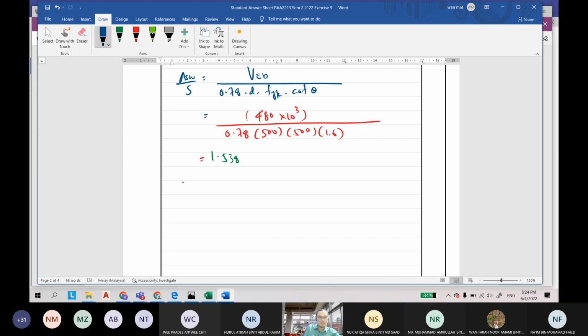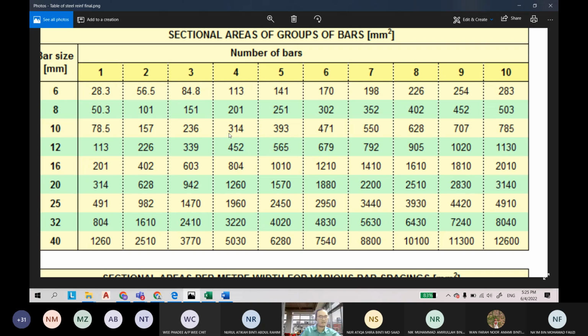So spacing. Okay, let's say we use H10. What is the value of ASW? Assume 2 number of bars. Use H10. It's okay. In the final exam or special exercise, the diameter of bar shall be given. What is the value of ASW now if you use H10? Can you check for me from this table?